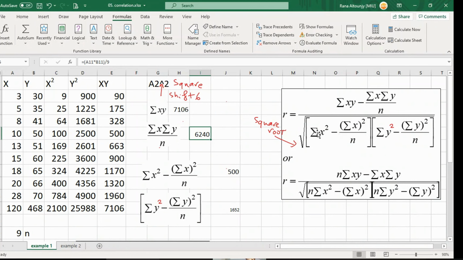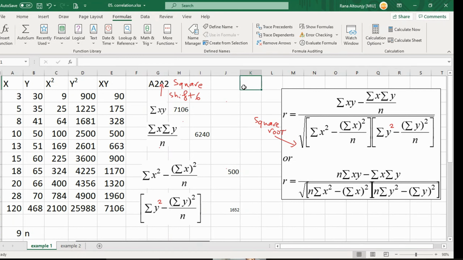Part number 3 is sum of x squared minus square of sum of x divided on n. Sum of x squared. This is x squared. How do we take x squared? We choose a value. If you see, I explained to you here how we take the square.